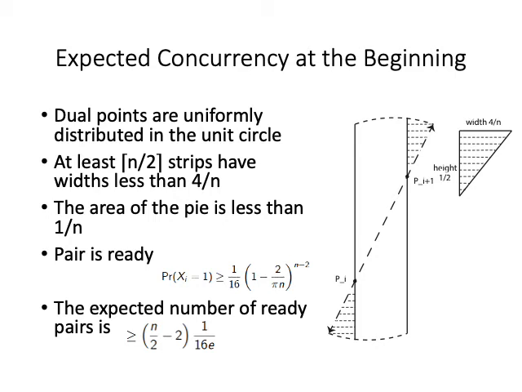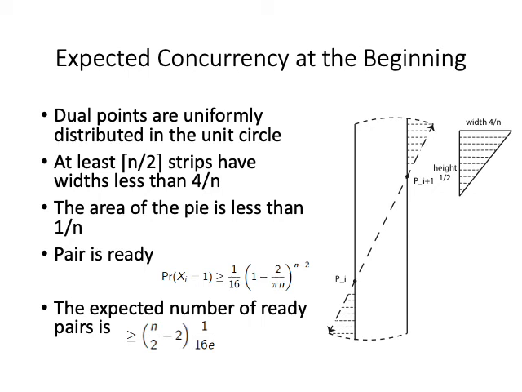If we make sure pi plus 1 is in the top quarter of the line and pi is in the lower quarter of its line, then the area above pi plus 1 is less than the triangle with a height of 1/2 and a width of 4 over n. Similarly, the area below pi has an area less than the triangle.